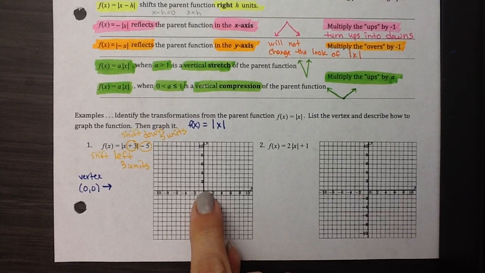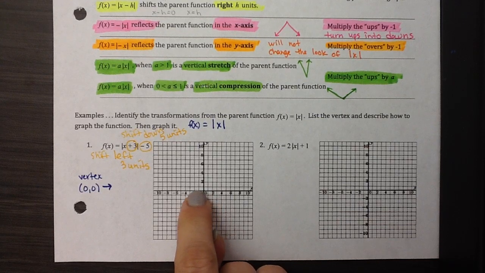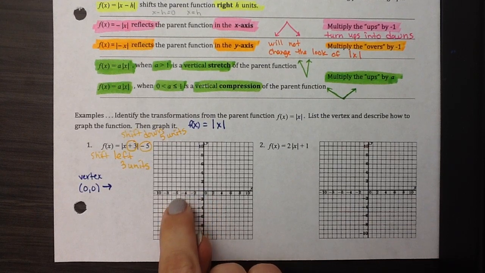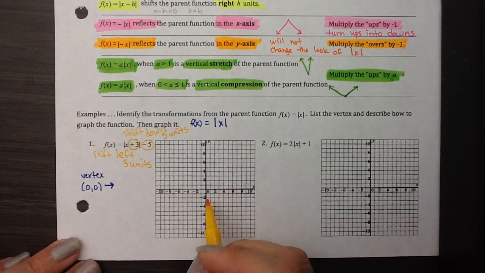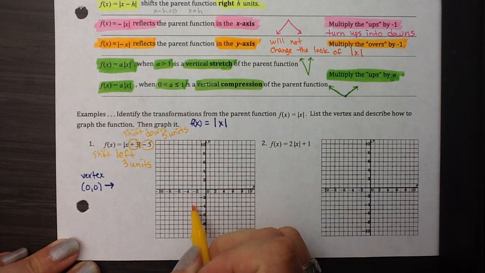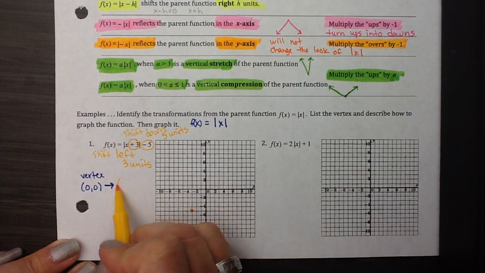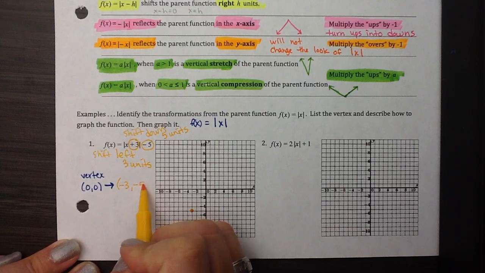So instead of starting at 0, 0, it's going to shift left 3 and then down 5. My mistake. Left 3 and down 5. So instead of starting at 0, 0, it's going to start right here at negative 3, negative 5.